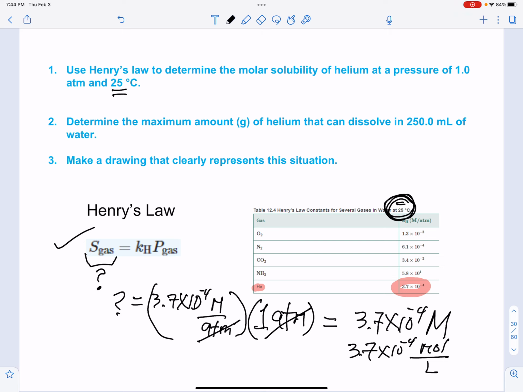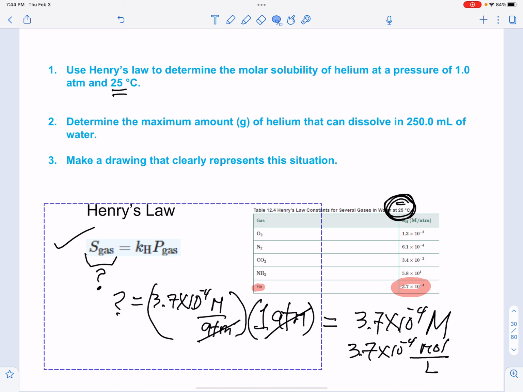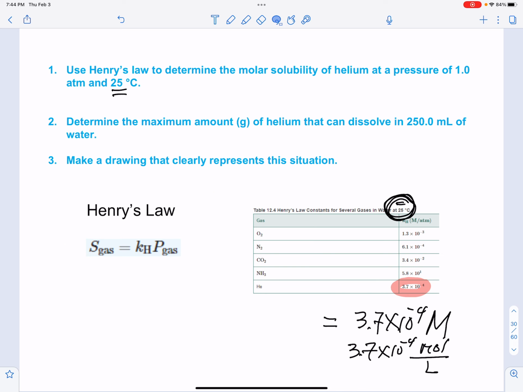Determine the maximum amount of helium that can dissolve in 250 milliliters. So how do we do that? Well, you already know that the molarity equals 3.7 10 to the minus 4 moles for every 1 liter, right?